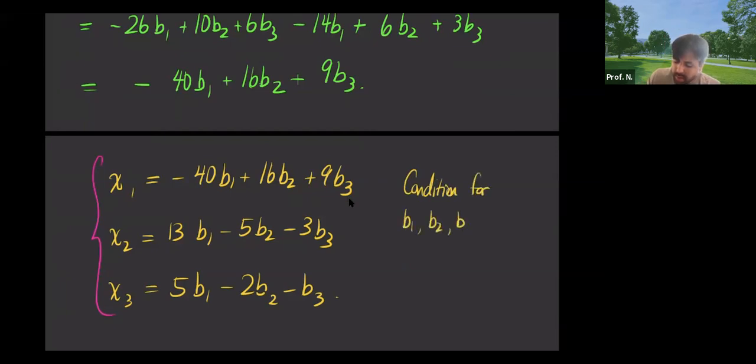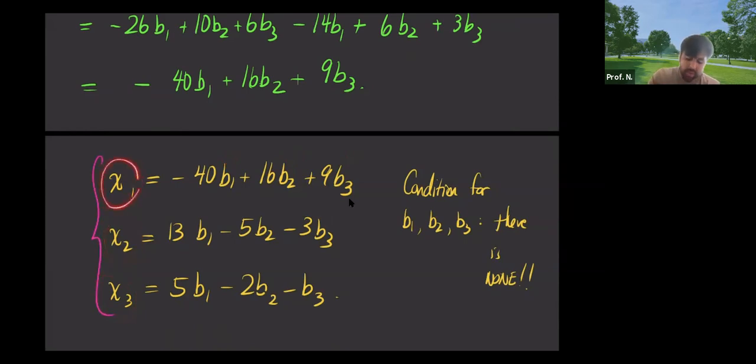Do you guys see why? You can literally write anything for b1, b2, b3. Anything. And for each of these, the solutions will exist.